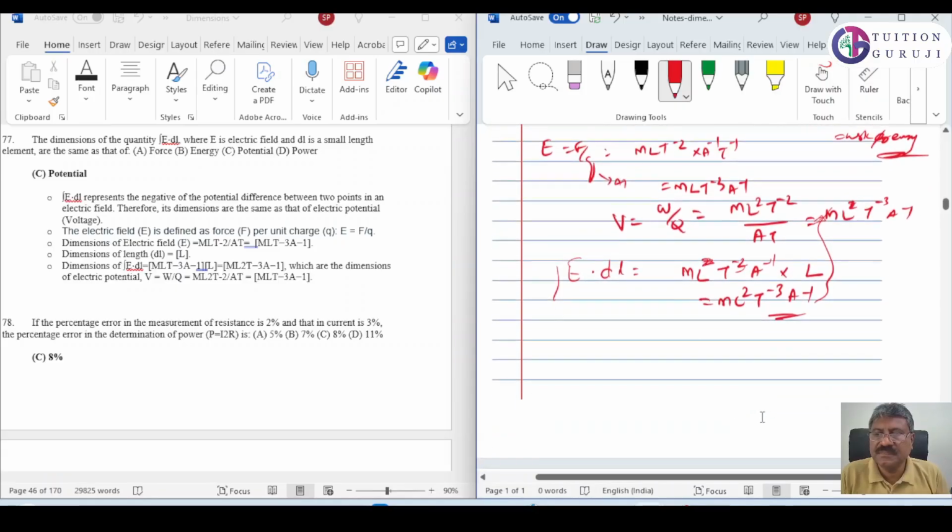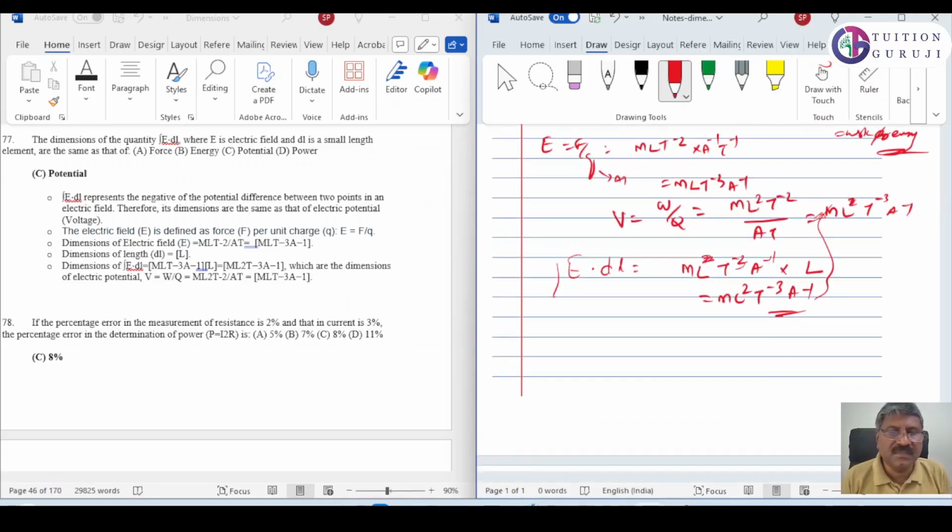Next one: the percentage error in the measurement of resistance is 2%, and that of current, delta I by I, is 3%. The percentage error in the measurement of power is?